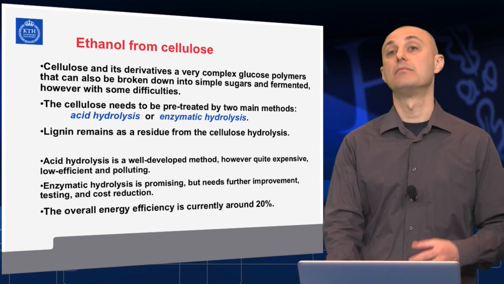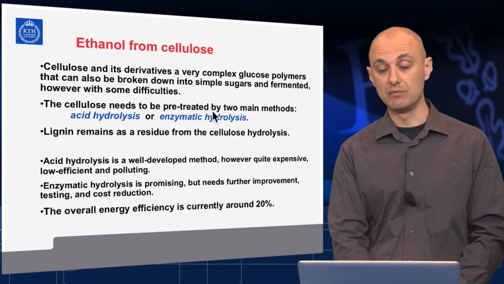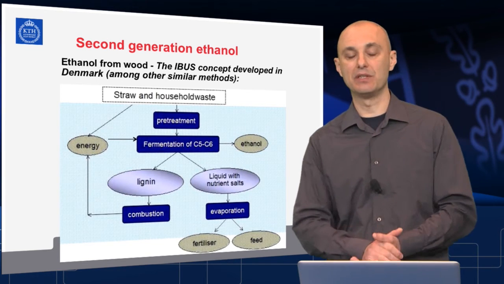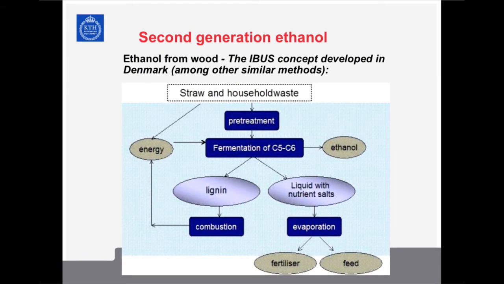Not enough, but if we had the cellulose and if we could perform these processes easily and efficiently, that would be just fine. One example of a second generation ethanol process, please look at it. There are many others of the same style. What needs to be done is to break down the cellulose into simple sugars, saccharose, pentose, hexose, whatever.